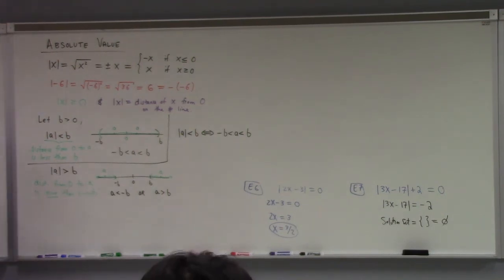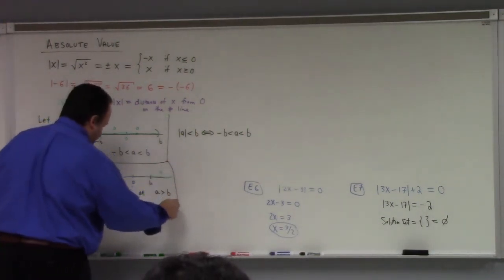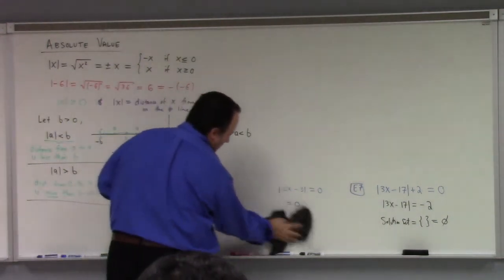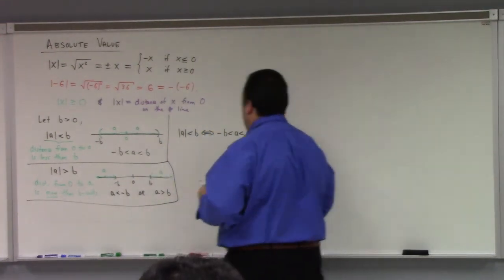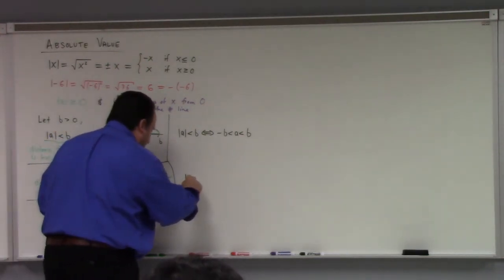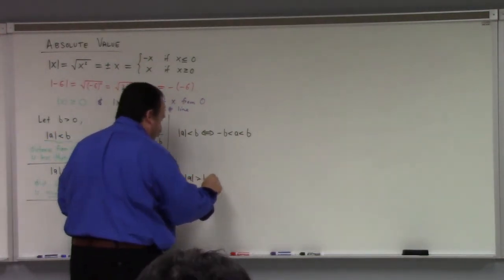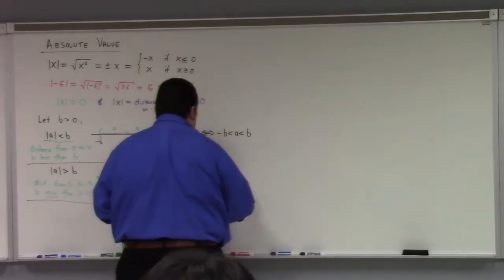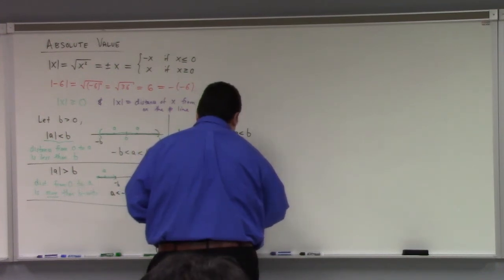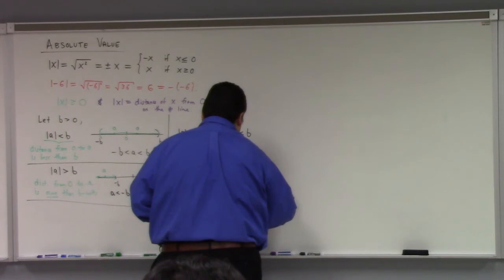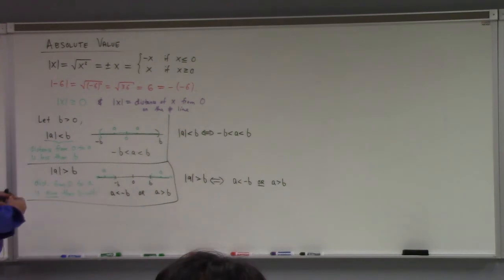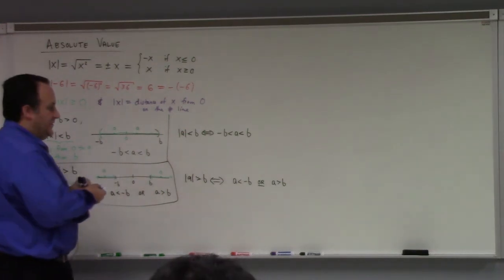And so what I'm telling you is that this discussion in summary gives us the following. The absolute value of A is greater than B if and only if A is less than minus B, or A is greater than B. So let me put a box around these, because we're going to use these.